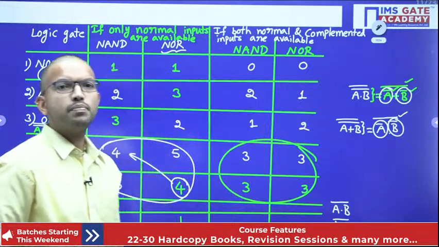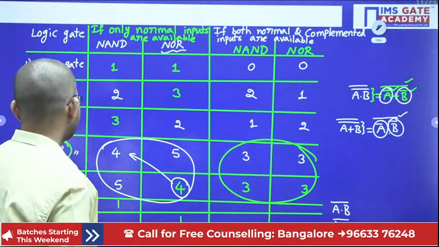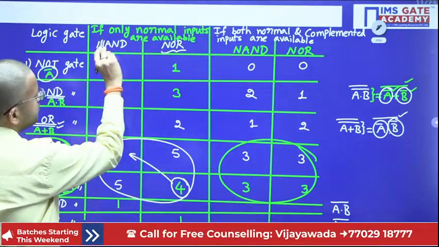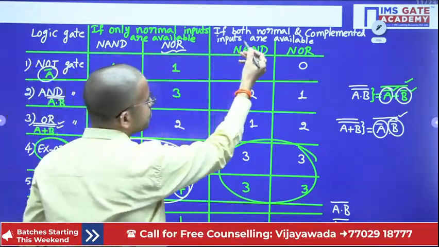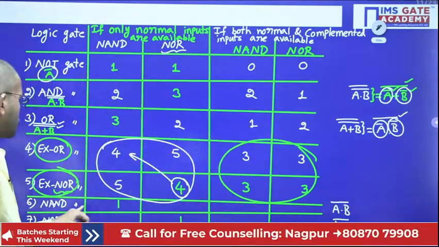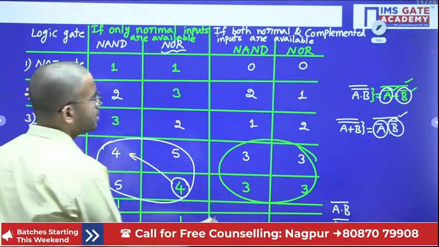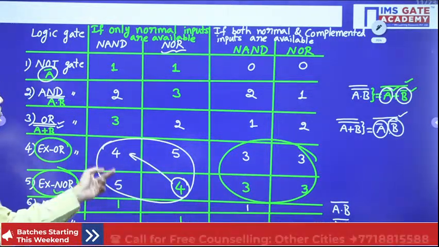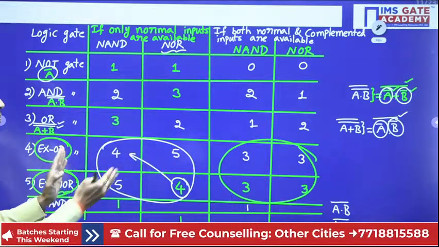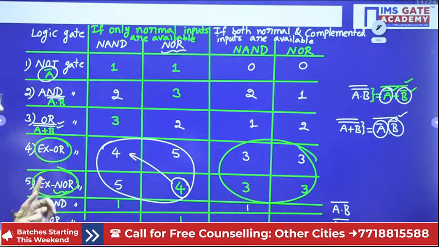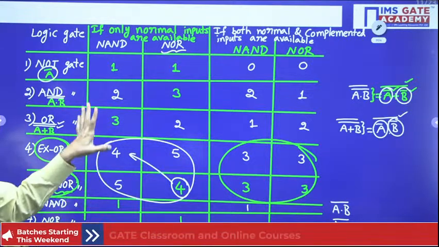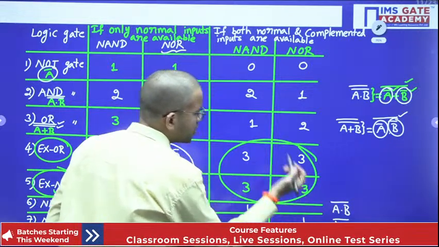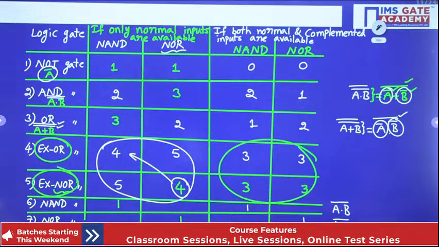Whether only normal inputs are available or both normal and complement inputs are available, here the answer is 1, and here also the answer is 1, because ultimately you are using NAND gates only, and by using NAND gates you are producing a NAND gate output, 1 only. Similarly, by using NOR gates you want to produce a NOR gate, so obviously here and here 1 only. Up to there won't be any difference.